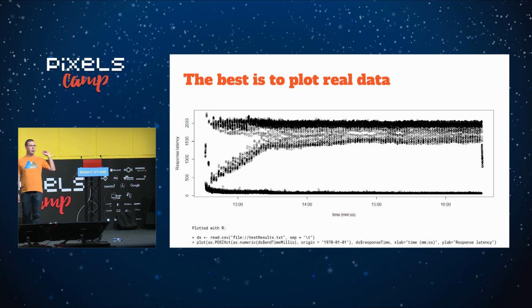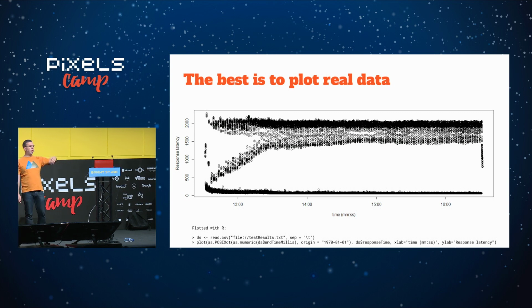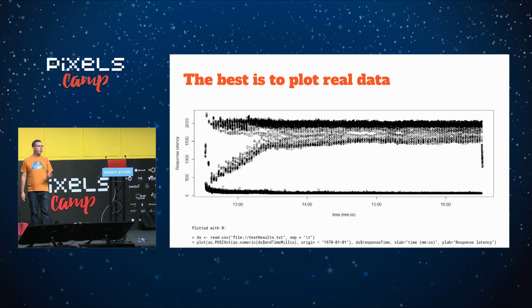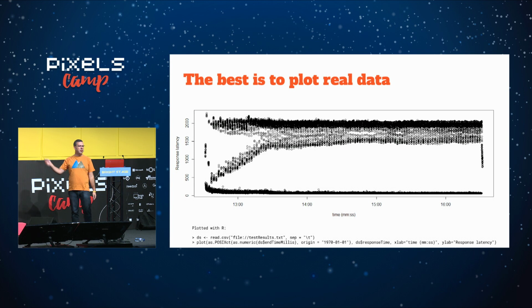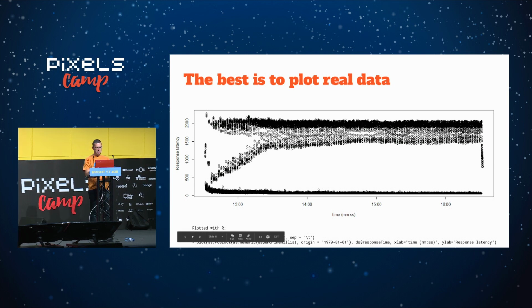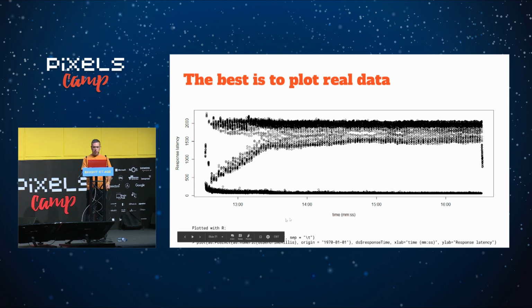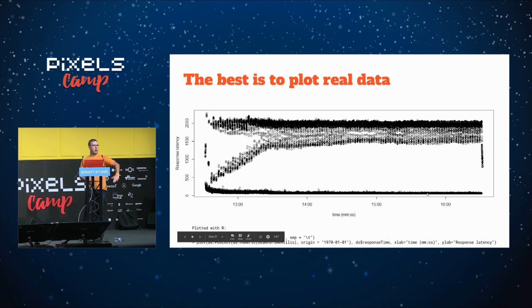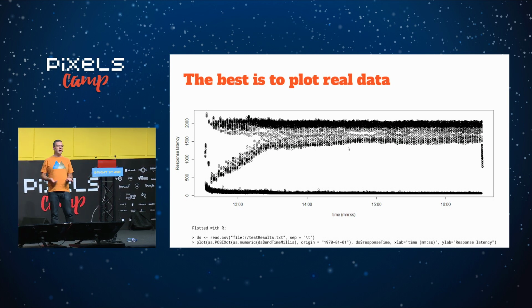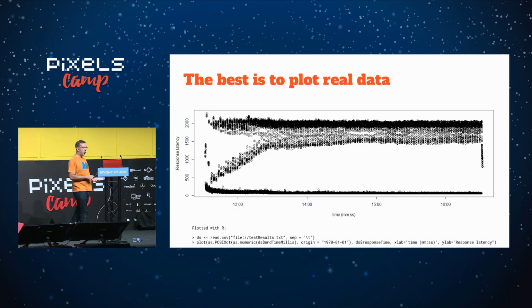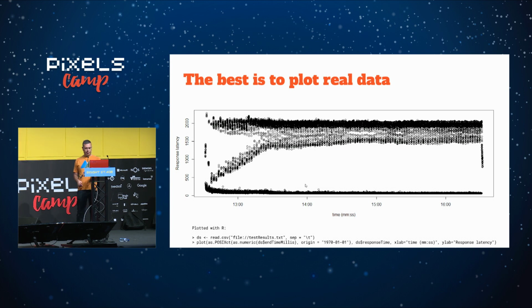So this graph was plotted using R, just importing the output data of the load test and plotting it, so you can immediately see that there is this amount of requests that were responding very fast, and there were all these requests that took just too much time to be responded, and there is nothing in the middle.